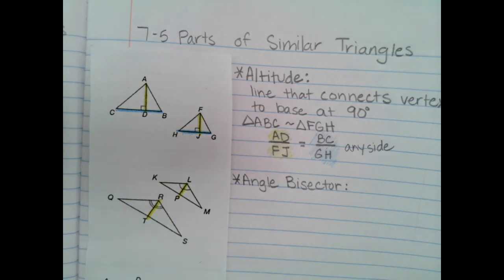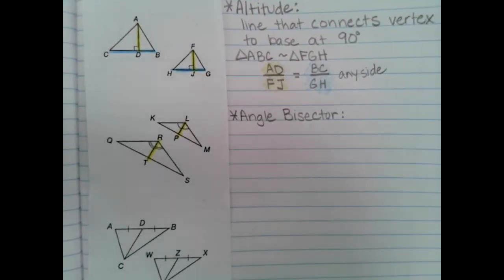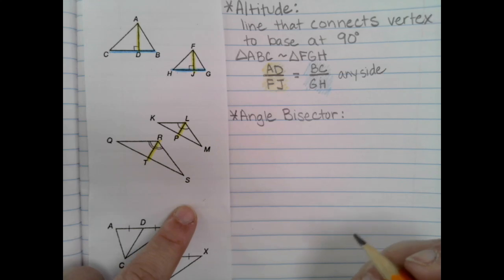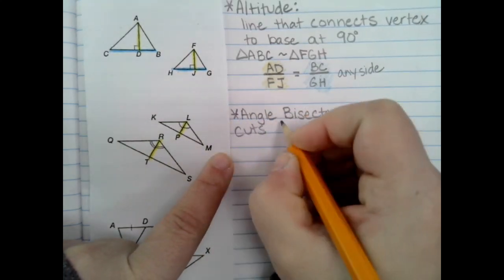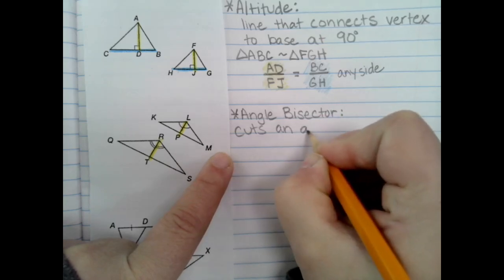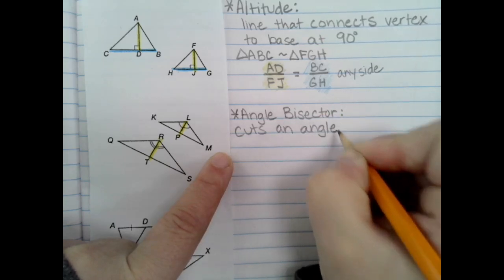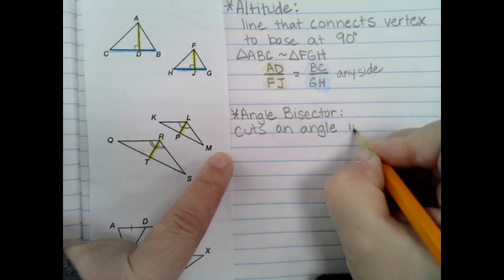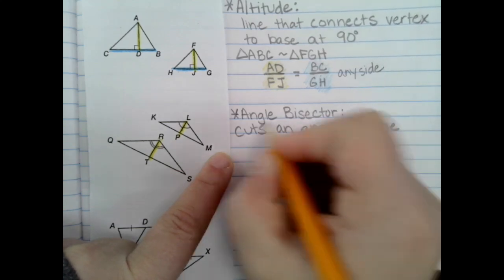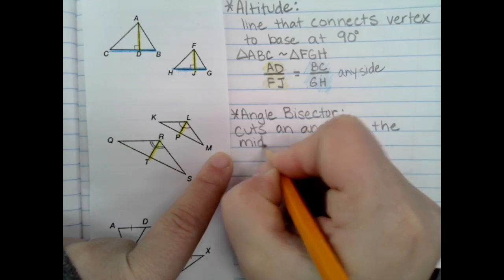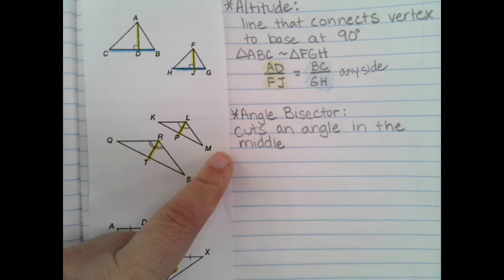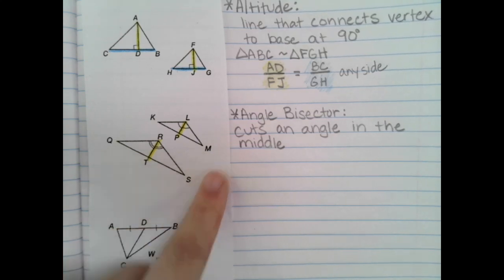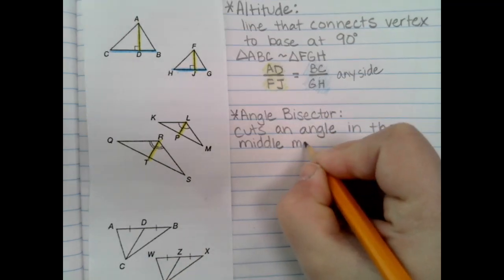Okay, an angle bisector cuts an angle in the middle, making two congruent angles.